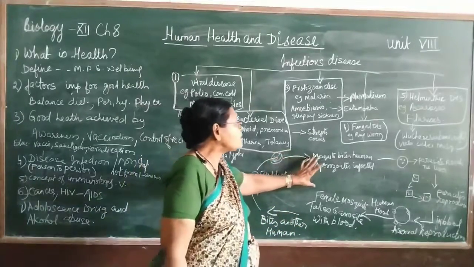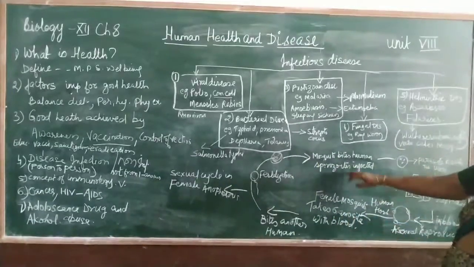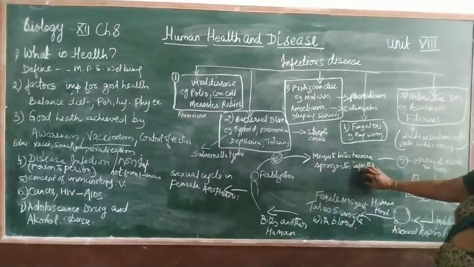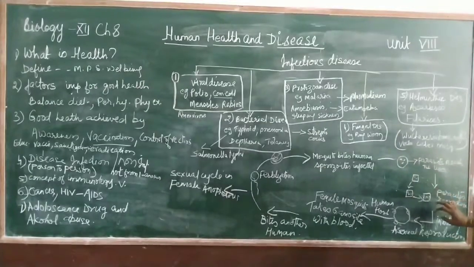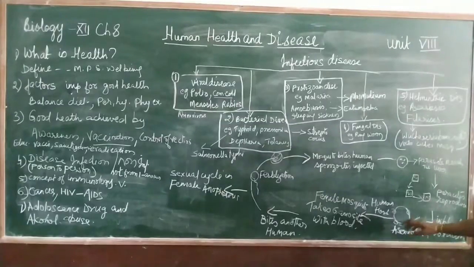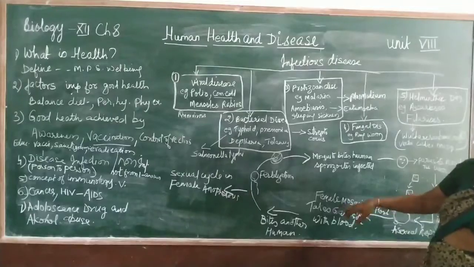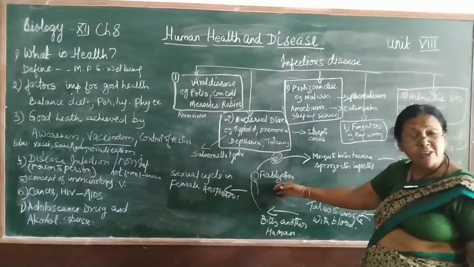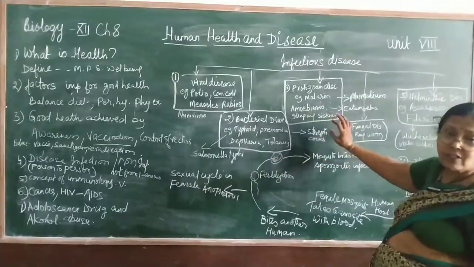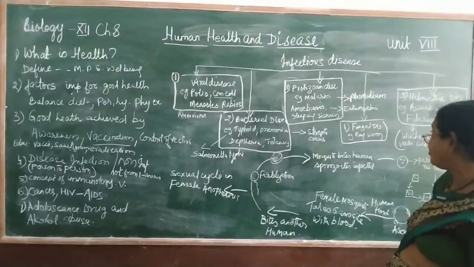So you follow the simple cycle of the malarial disease. The mosquito bites the man, the parasite reaches the liver, then the parasites reproduce asexually. Again, from this human host, another mosquito carries the gametocytes. They are fertilized in its body, and again it bites another man. In this way, malaria is caused.